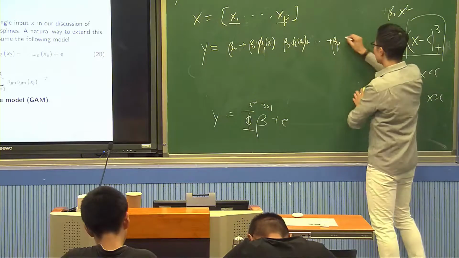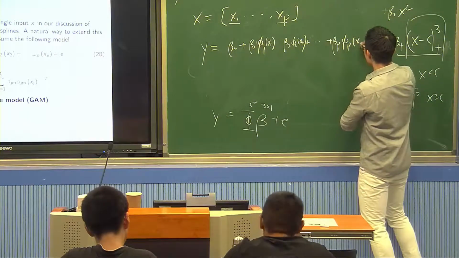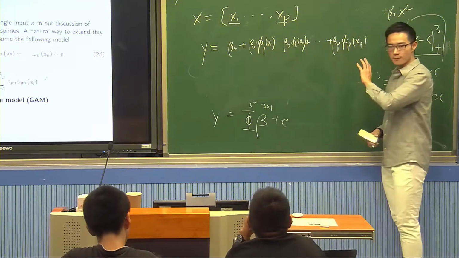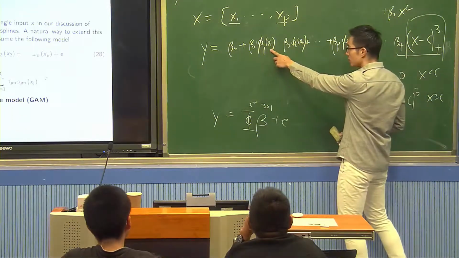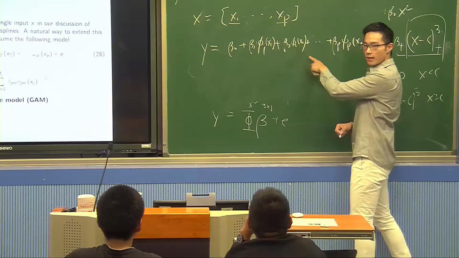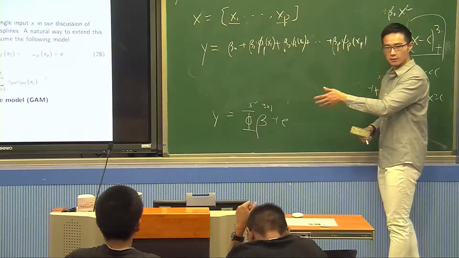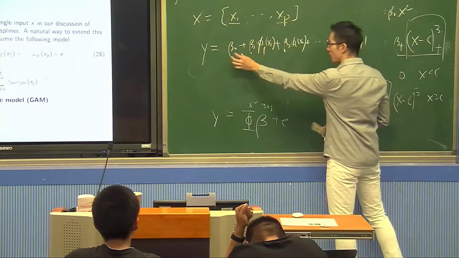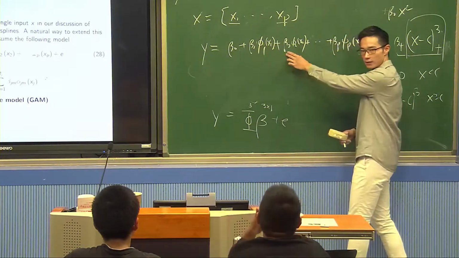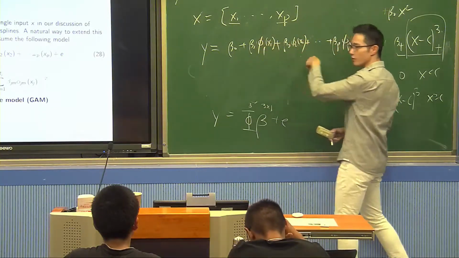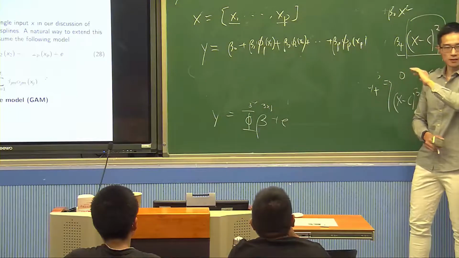So each term, instead of just x1, x2, can be a function of each x. But this is a function only of x1, and this is a function only of x2. In that sense, it's additive: the effect of x1 on y and the effect of x2 on y are linearly combined, even though each one could be a nonlinear function. That's called a generalized additive model.